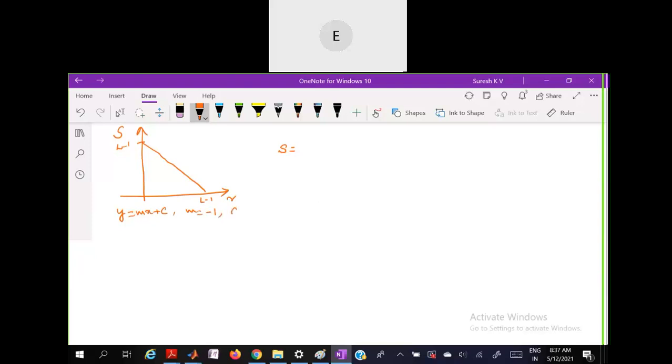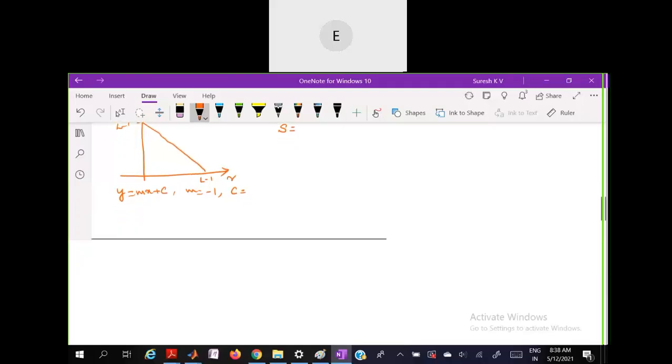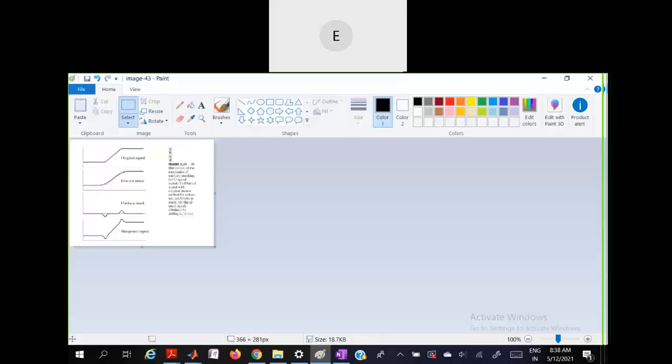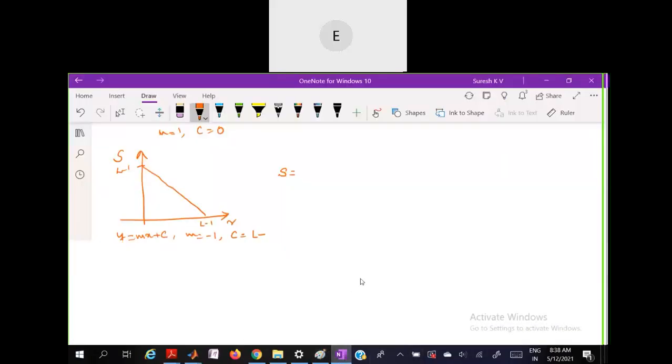What is c? L minus 1. Correct. So what is the equation?